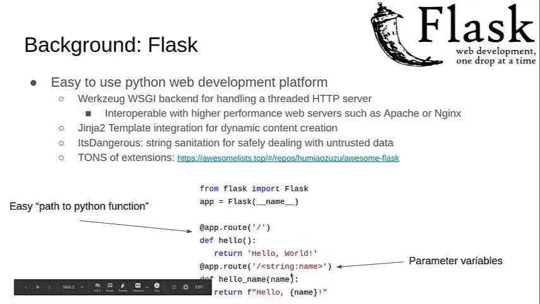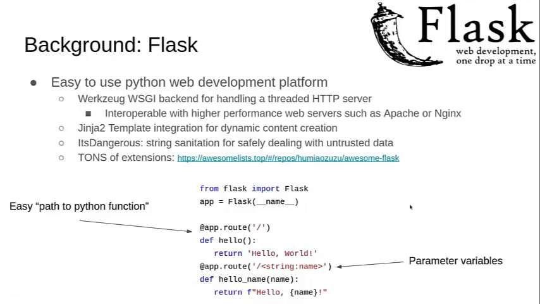If you visit some value in the path, it'll end up at this route, which is a parameterized function, and then the argument will be provided. Of course, there are lots more features, but that's just a quick look at Flask.